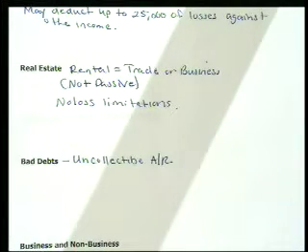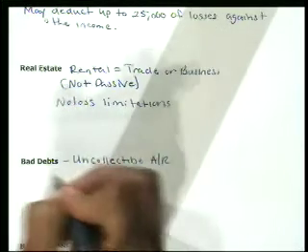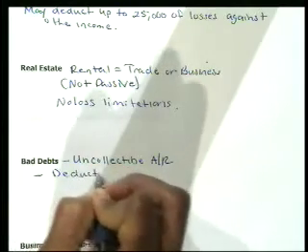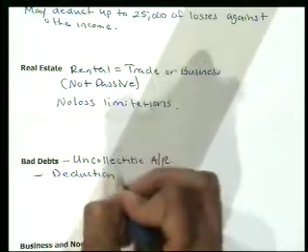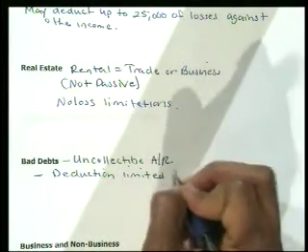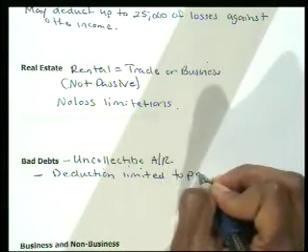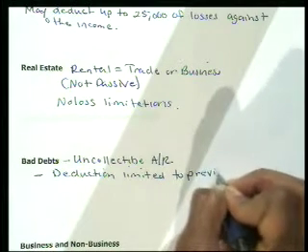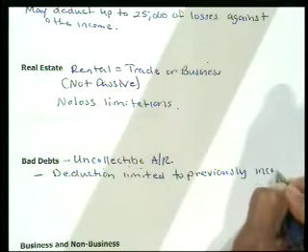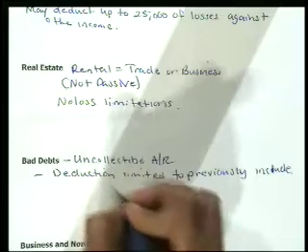Okay, so if we have uncollectible accounts receivable, then we have a deduction. Our deduction is going to be limited to what we previously included in income.